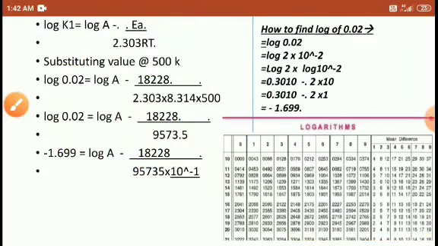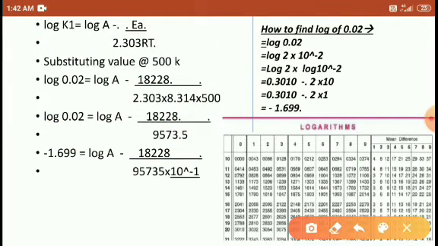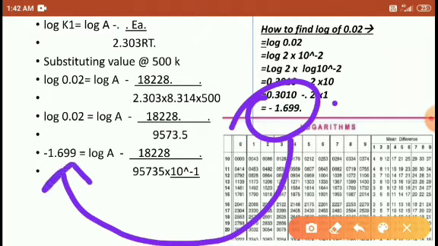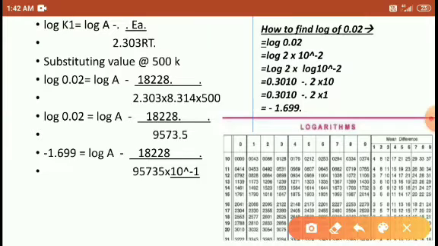So 0.3010 minus 2 into 1, we get the answer minus 1.699. Right students?